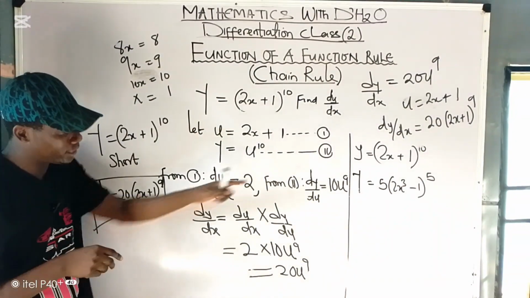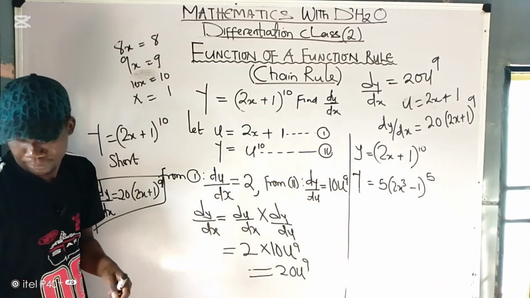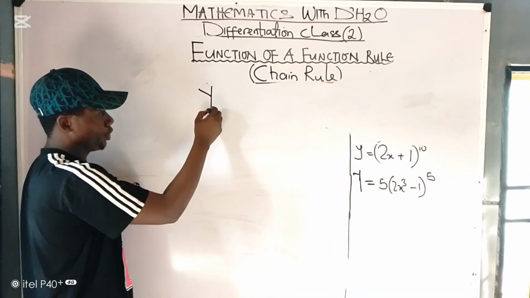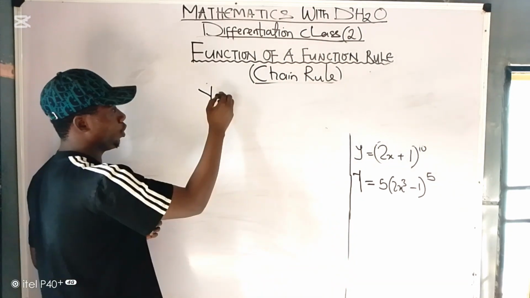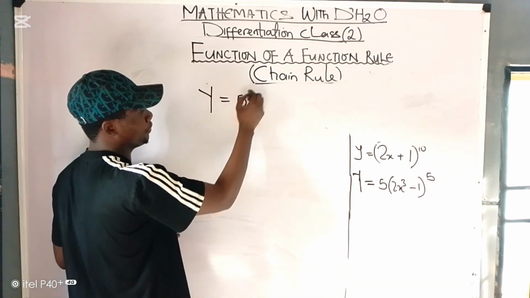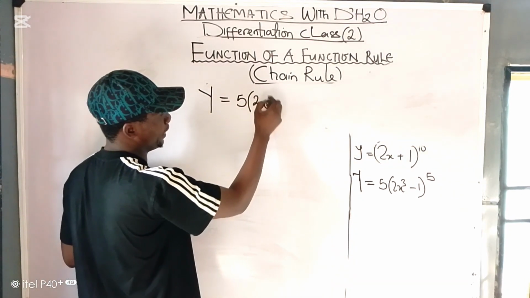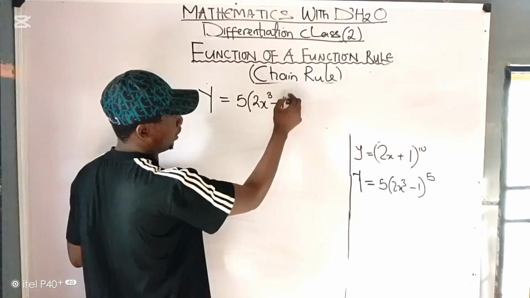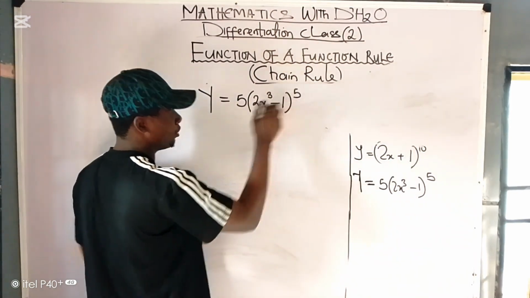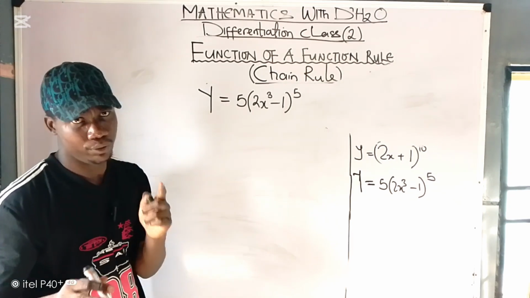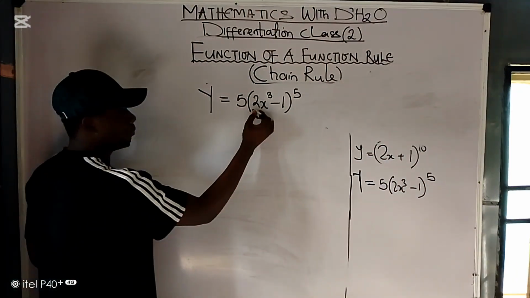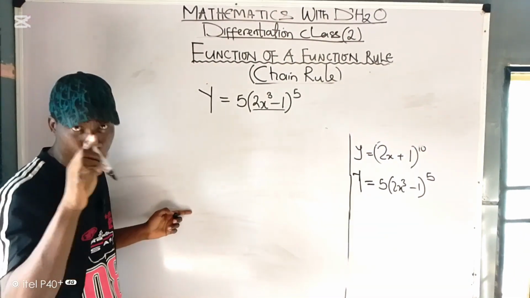Now let's simply take the second question. Y equals 5, open bracket, 2x cubed minus 1, all raised to the power of 5. Following the same procedure, remember I told you, you remove this and put a letter u.